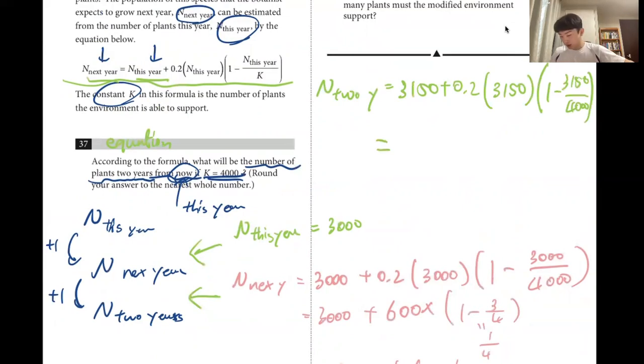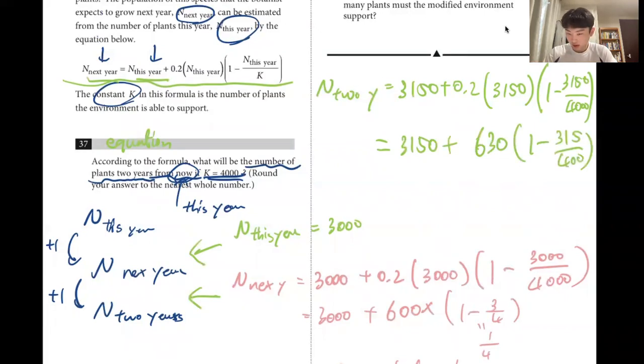So let's calculate this. I'm going to use the calculator. You know that 0.2 multiplied by 3,150 is 630, and 1 minus 315 divided by 400.